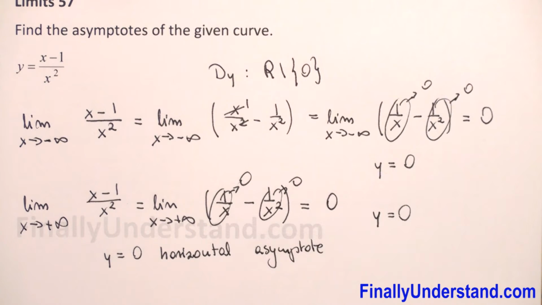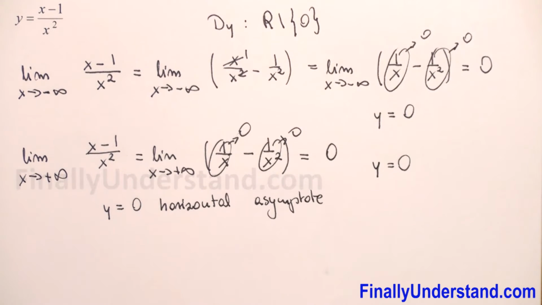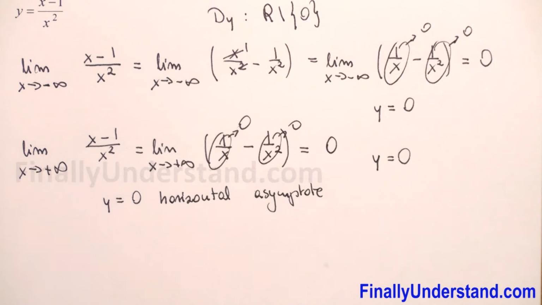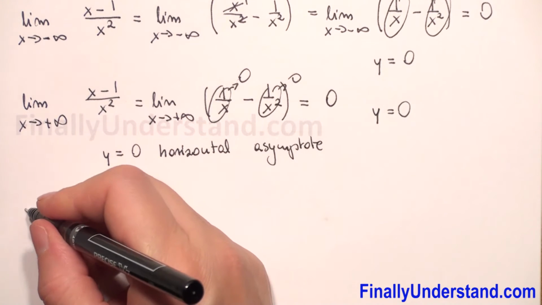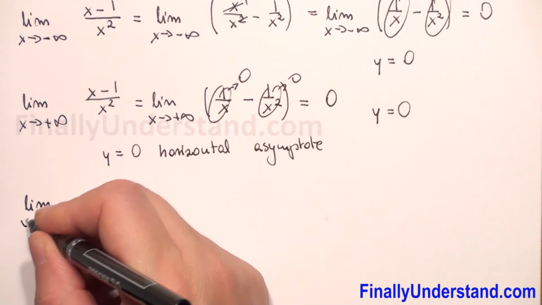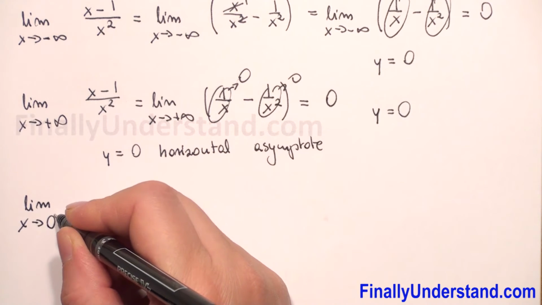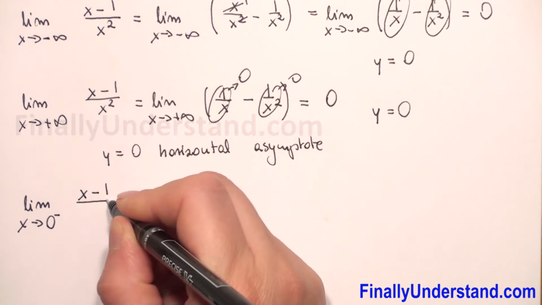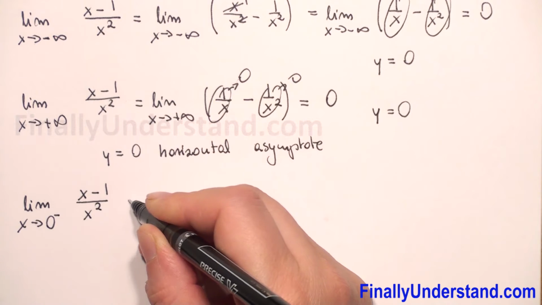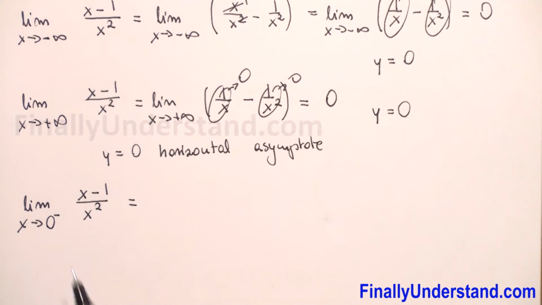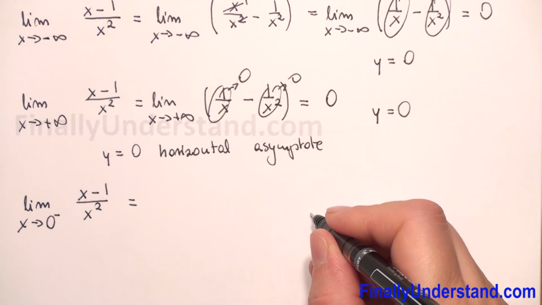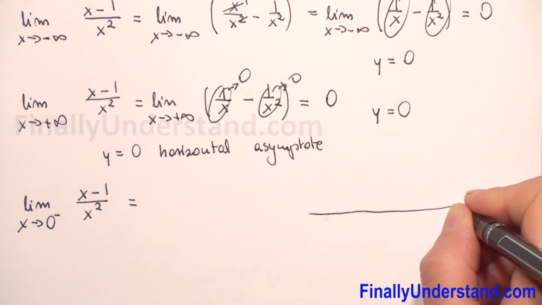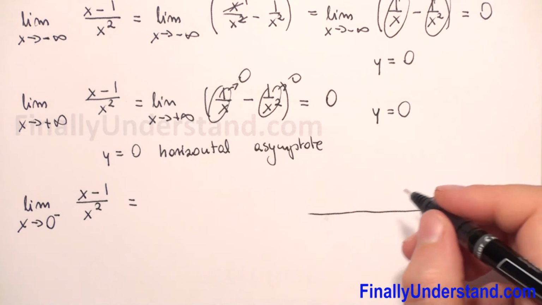Now we have to check the left and right limit as x approaches 0. So we have the limit as x approaches 0 from the left of our function, (x minus 1) over x squared. Like always, when we have left or right limits, I draw the graph of the function which is in the denominator.